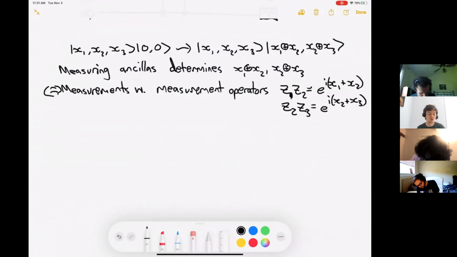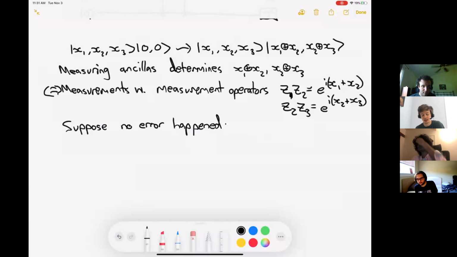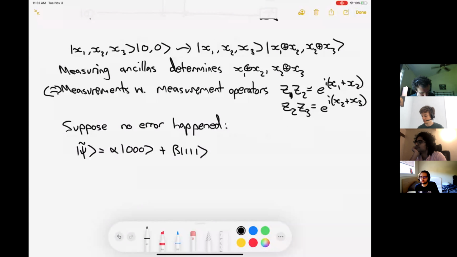So let's see what actually happens if we put in some state. Suppose no error happened at all. We got lucky, none of the qubits had an X gate applied. Then our state will be just psi tilde, which is a superposition of 0, 0, 0 and 1, 1, 1.